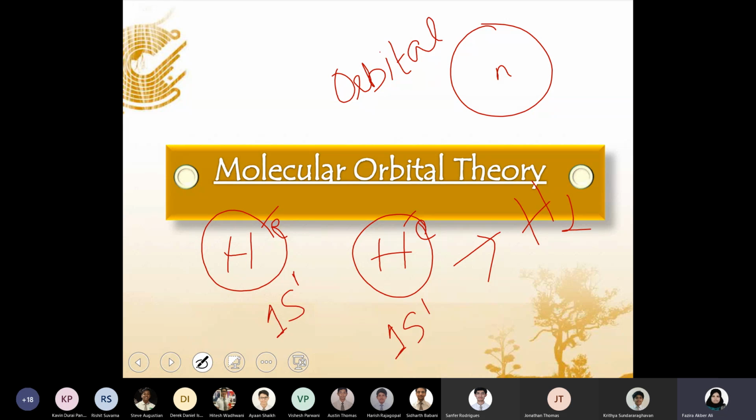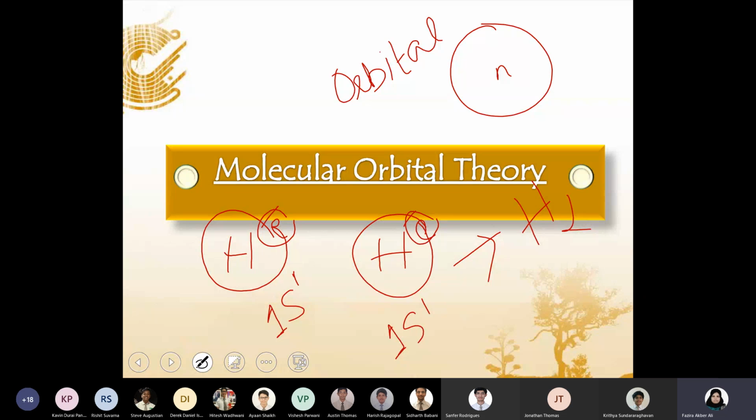So when bonding is taking place during the formation of a molecule, what is happening? The electrons are being shared, right? Before, this particular electron is related to only one nucleus, and this electron is related to its own nucleus.